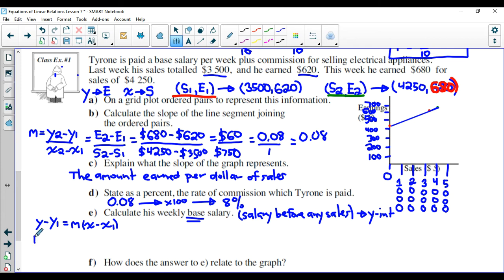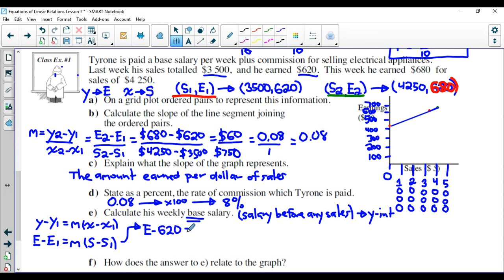But let's replace it with the variables in the context of this problem. So it's not y, it's earnings E. So this would be E minus E1 equal to m, and then it's not x, it's going to be S. So you'd have S minus S1. Okay, now let's start to sub numbers into this equation. E1 is the y coordinate of point 1, so that's 620.